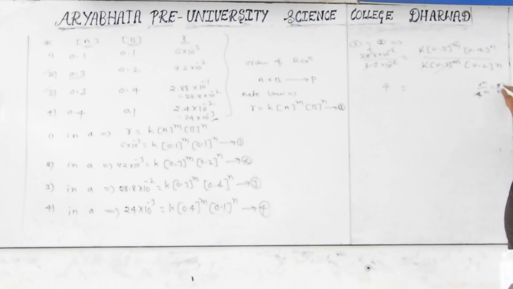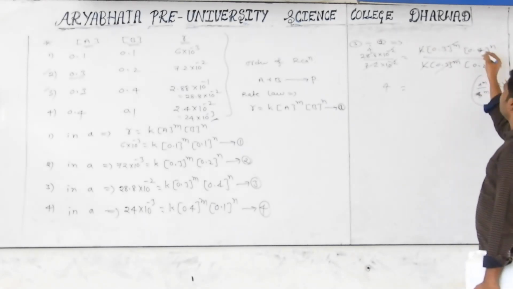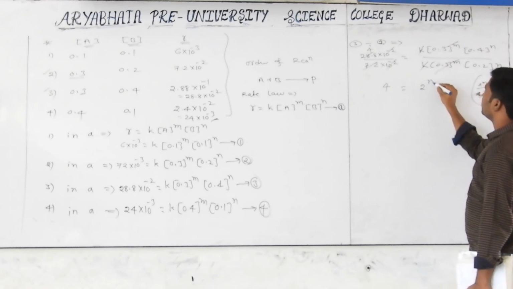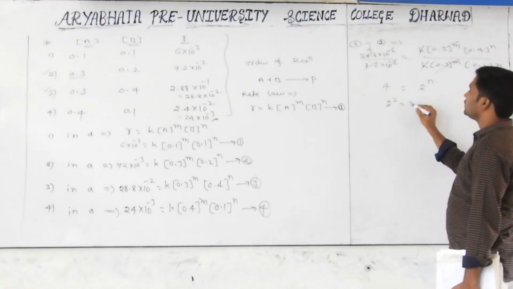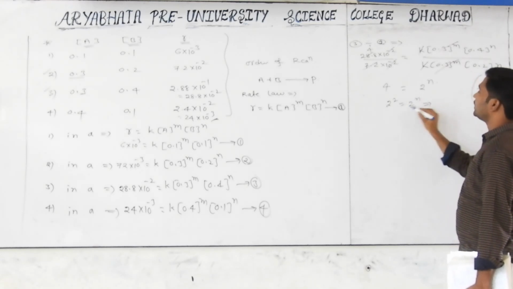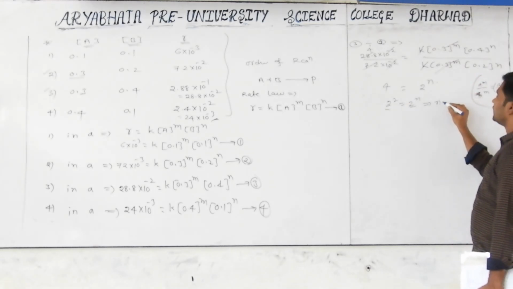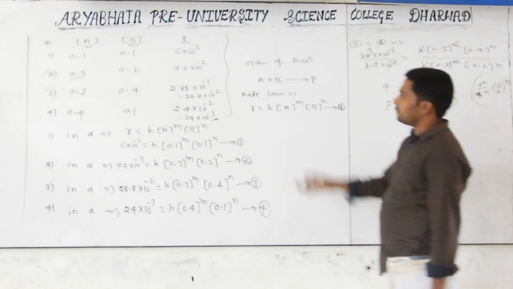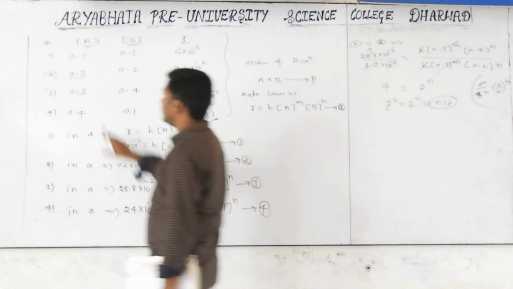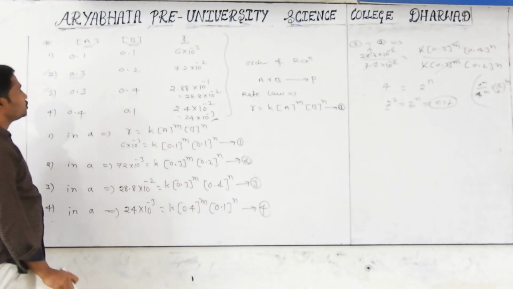A by B whole power n. 0.2 to 0.4 is 2 times, whole power n. Over 4 can be written as 2 square is equal to 2 power n. That implies bases are equal, powers are equal, then n is equal to 2. We got the power of B. Now my work is finding the A power. What should I do?